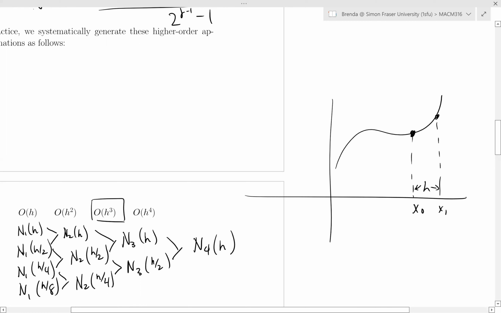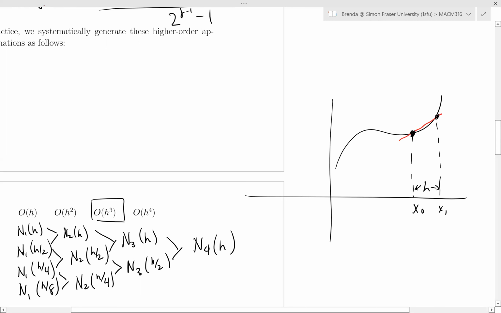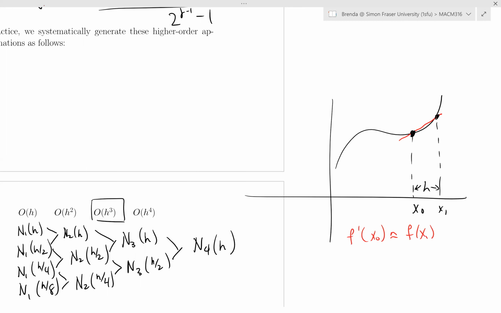Your first approximation to the derivative at x naught is this. That is, f prime at x naught is approximately f at x1 minus f at x naught, all over h. That is what in this world is being called N1 of h.